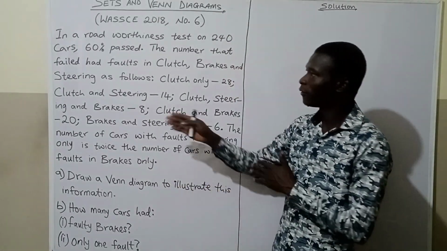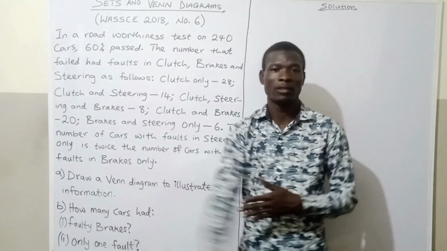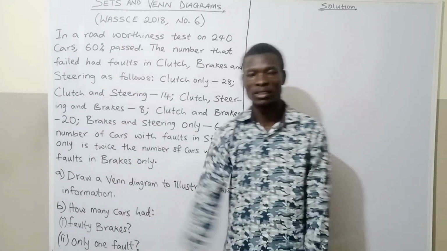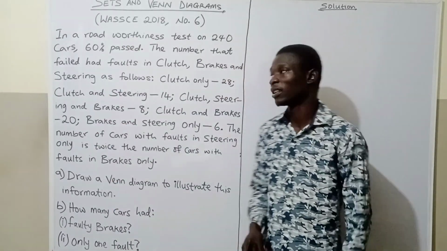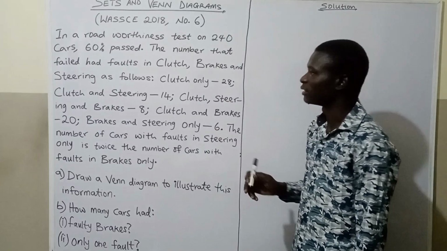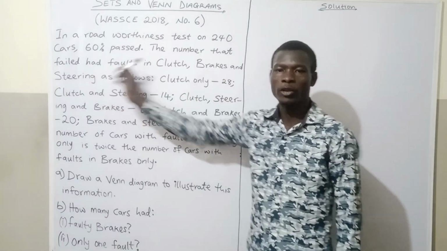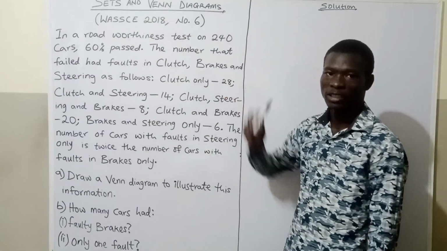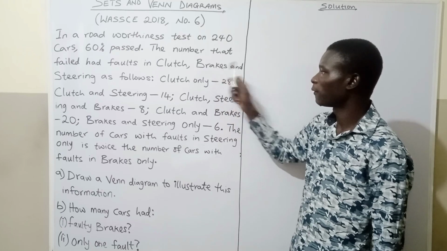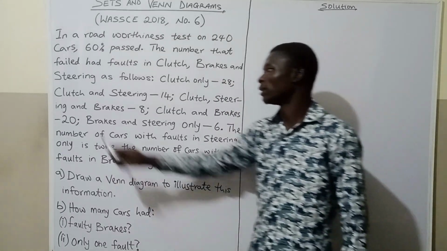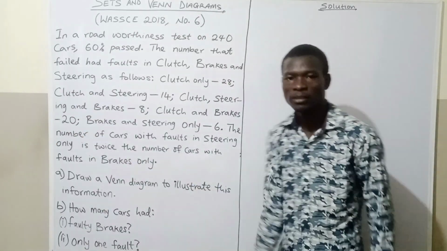But the remaining 40%, because out of 100%, if 60% has been taken off, we'll be having 40% left. The remaining 40% had faults in the following: some in clutch, others in brakes, and the rest in steering.